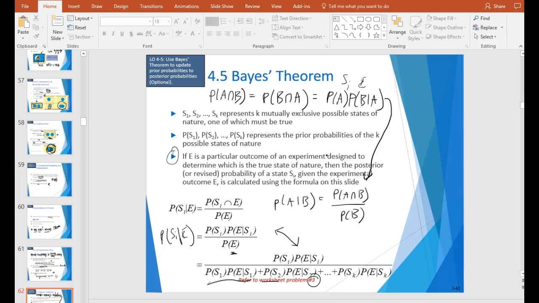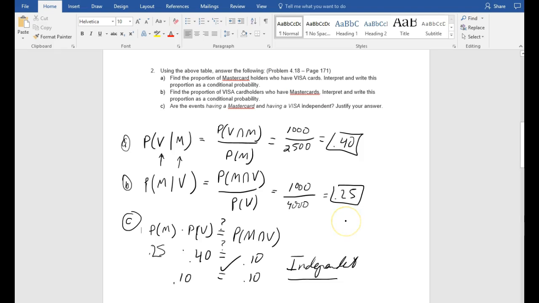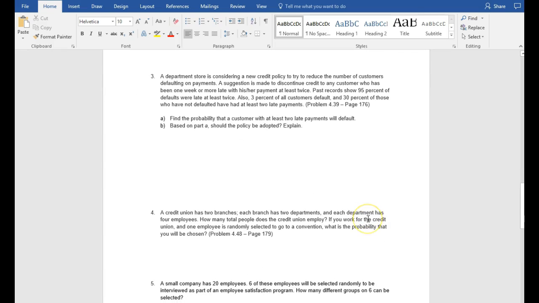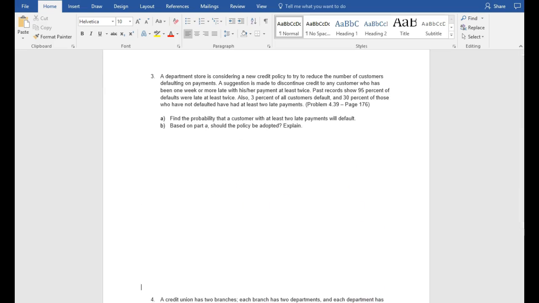So we'll go over to worksheet problem number 3. And I'll probably need a lot more space for this, I would imagine. Okay. So a department store is considering a new credit card policy to try to reduce the number of customers defaulting on payments.